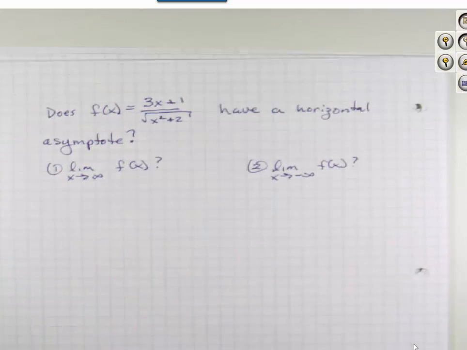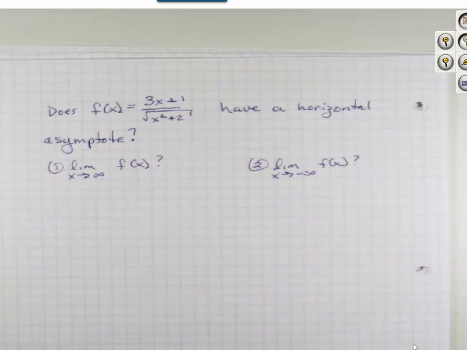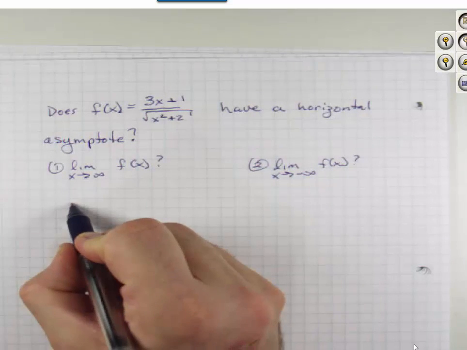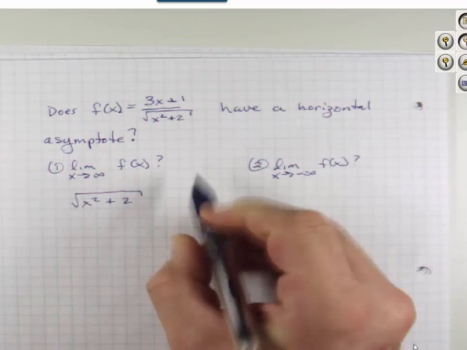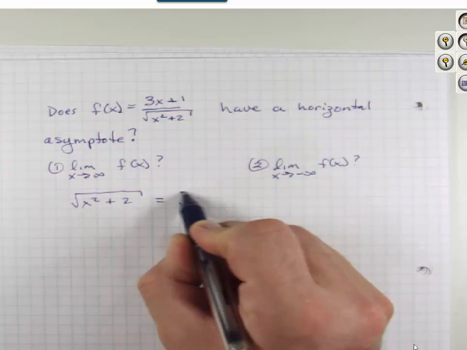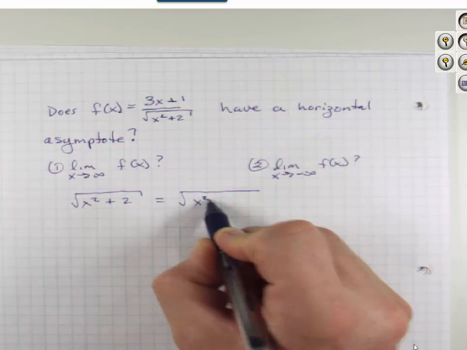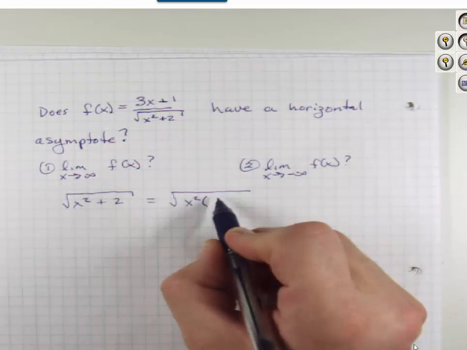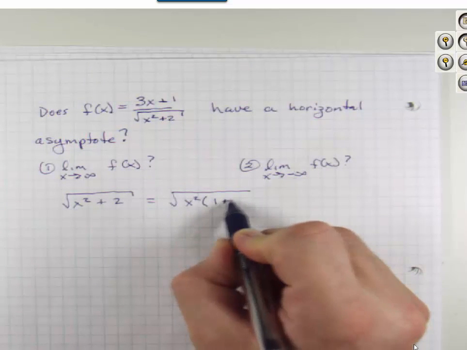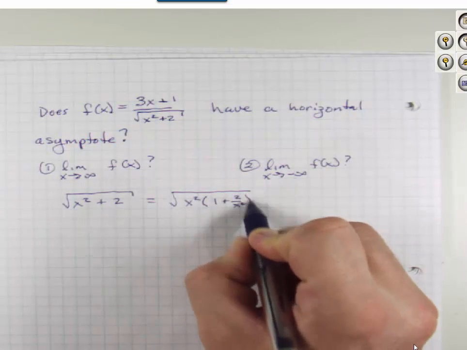Now I need a little bit of algebra here. So I'm going to just work on the denominator separately so that I can show you some algebra techniques. The first thing I do, at least this is how I handle it, is factor my radicand. I believe that's 1 plus 2 over x squared. Please do this with me.